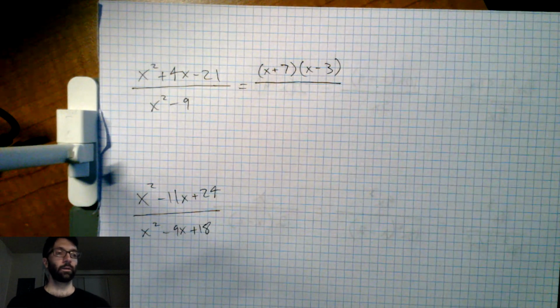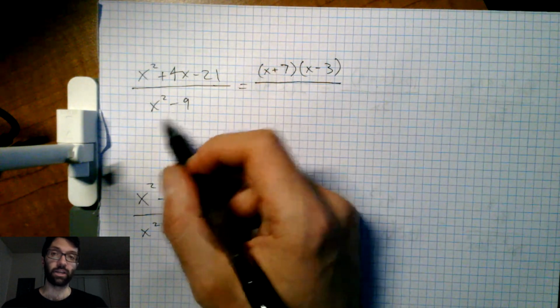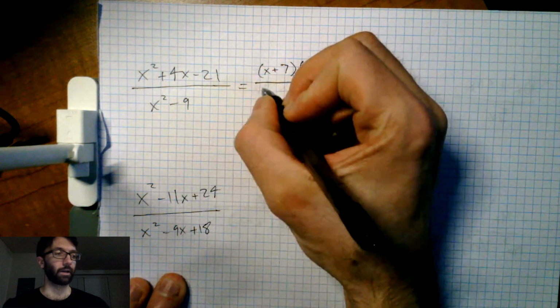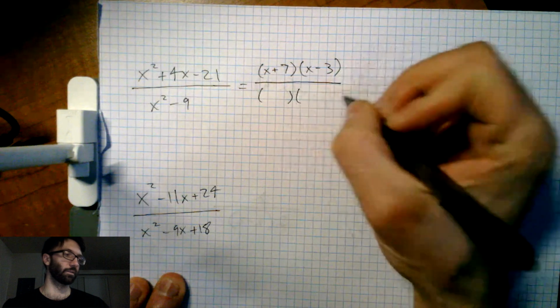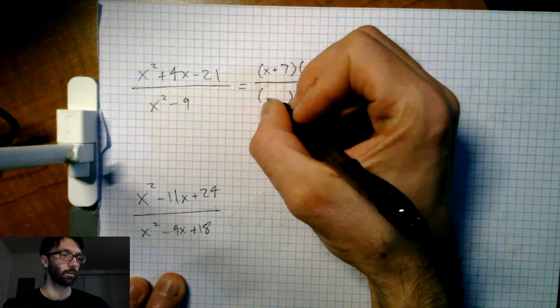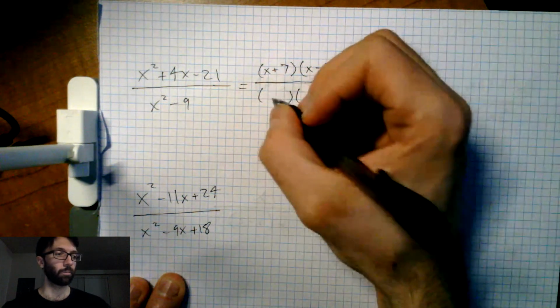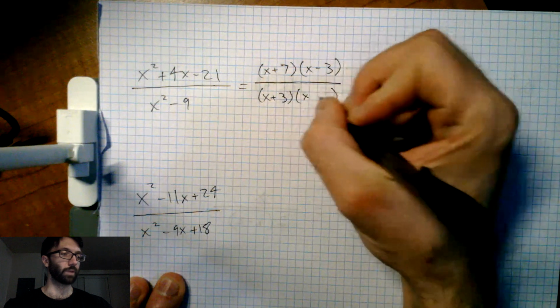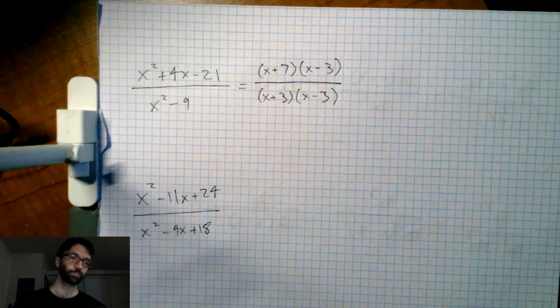Now for the denominator, again, no GCF to factor out, but it's a difference of squares, so I can factor that. I have a video on factoring differences of squares if you need a reminder, but this is just going to be x plus 3 times x minus 3.